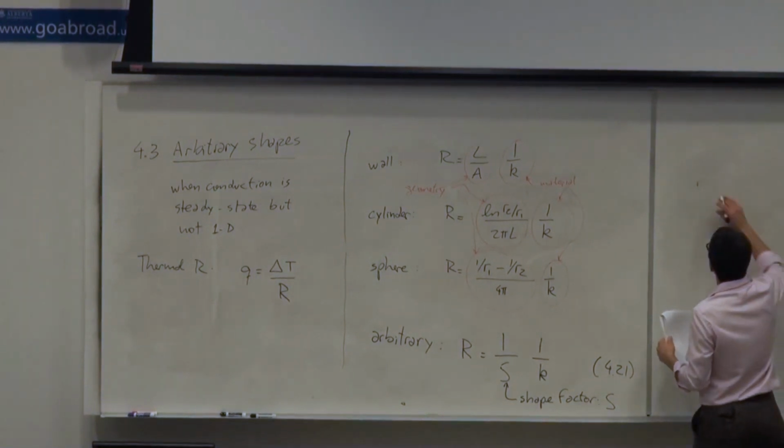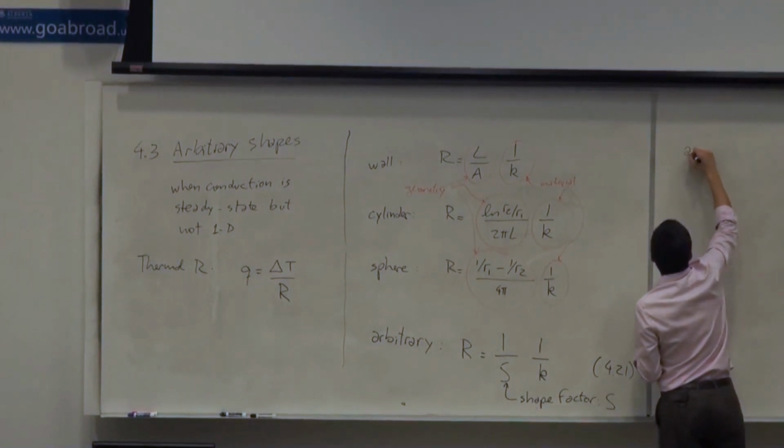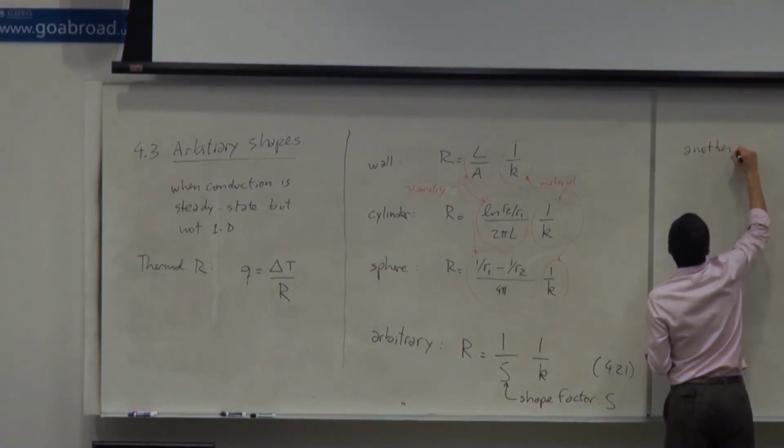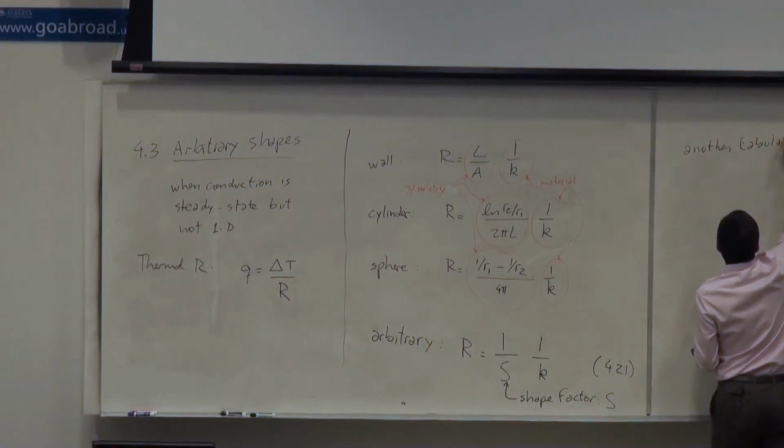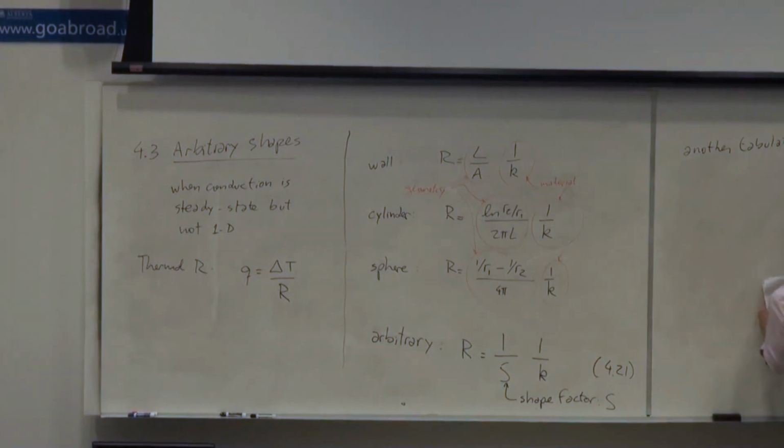So they say another tabulation. This is called Q_SS star. I have no idea how they came up with that name. I suspect SS means steady state, and the star means dimensionless. But this is a notation in the book. And this is the story.